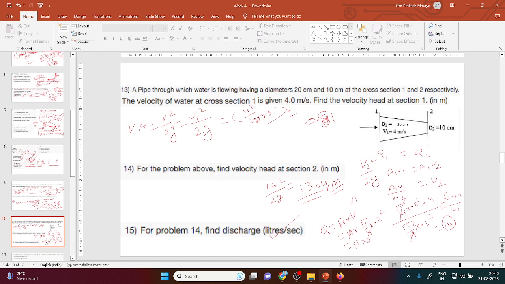Pi into 0.04. But you need the answer in liters, so you need to multiply by 1000. So how much liter? 0.04 into pi into 1000, which is 125.66 liter per second.